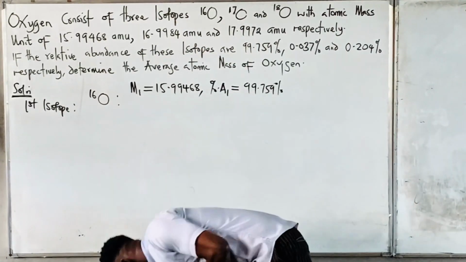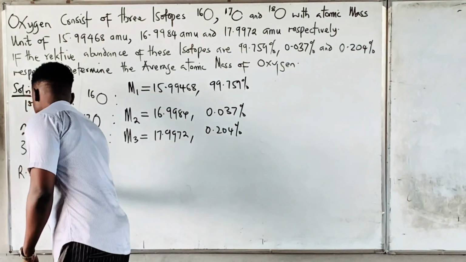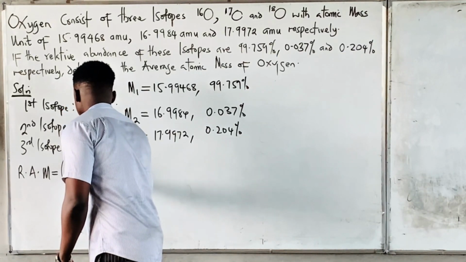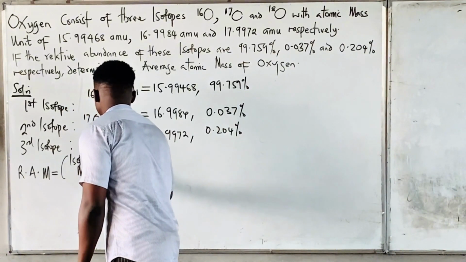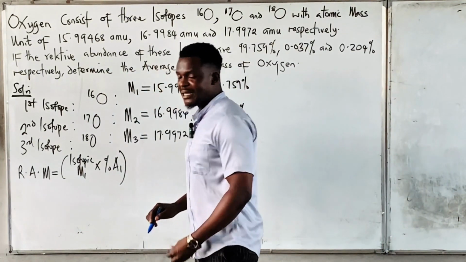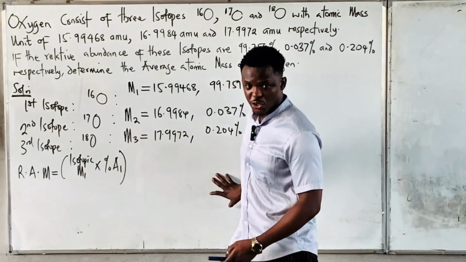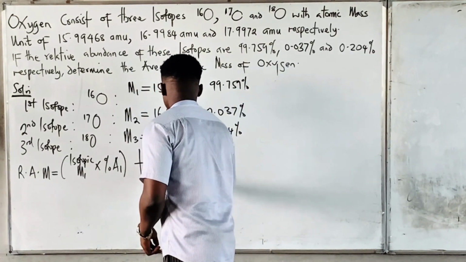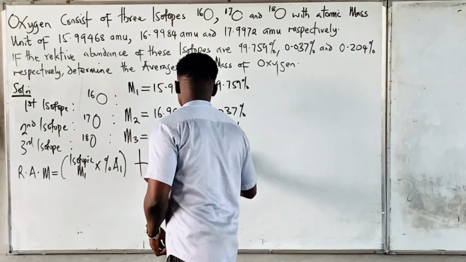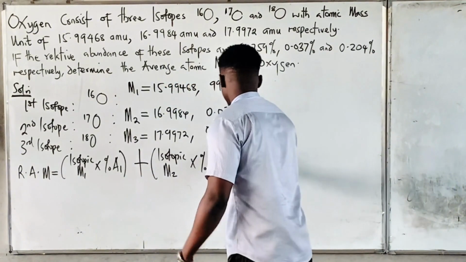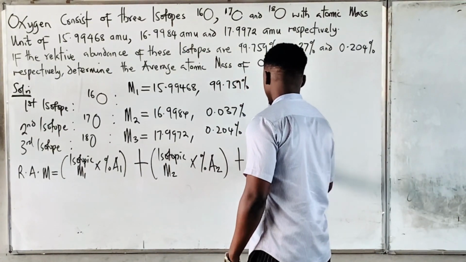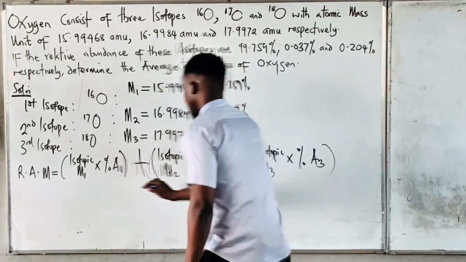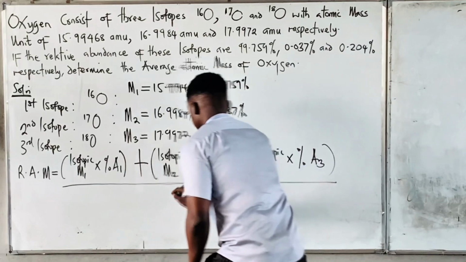For 3 isotopes, the relative atomic mass is going to be isotopic mass 1 times percentage abundance 1, plus isotopic mass 2 times percentage abundance 2, plus isotopic mass 3 times percentage abundance 3. Now this is all divided by what? 100.